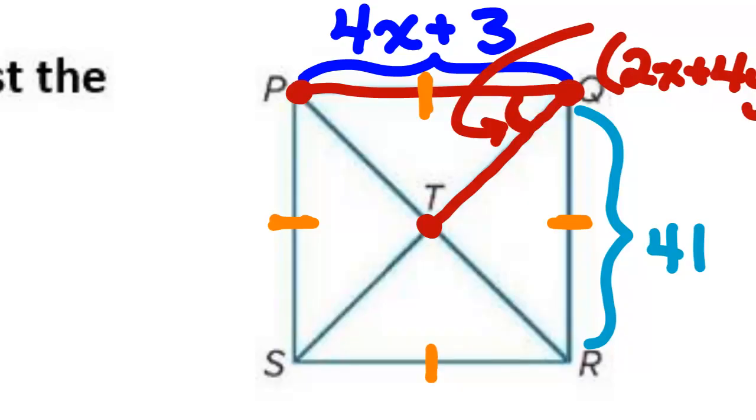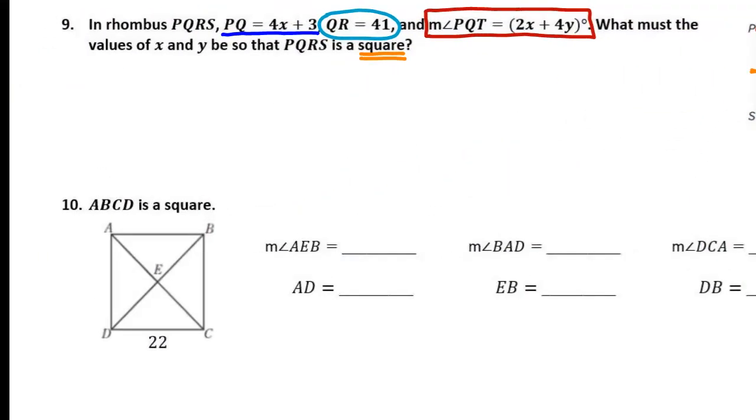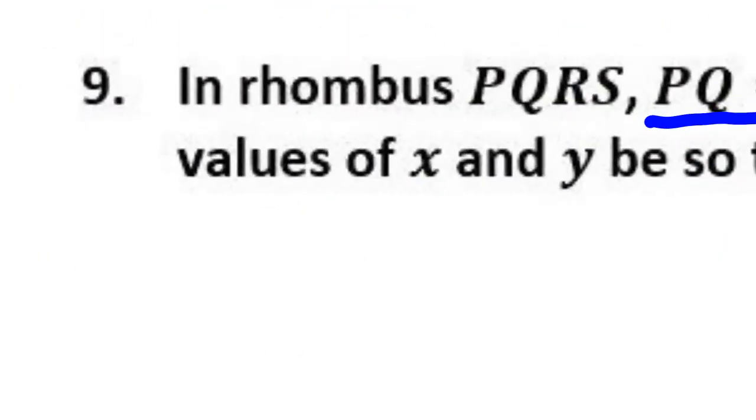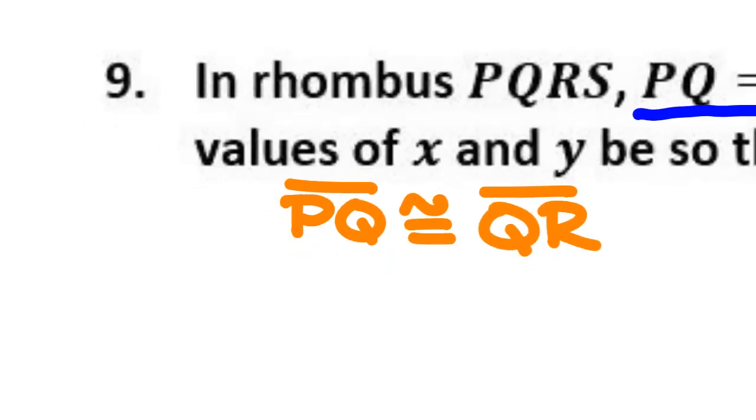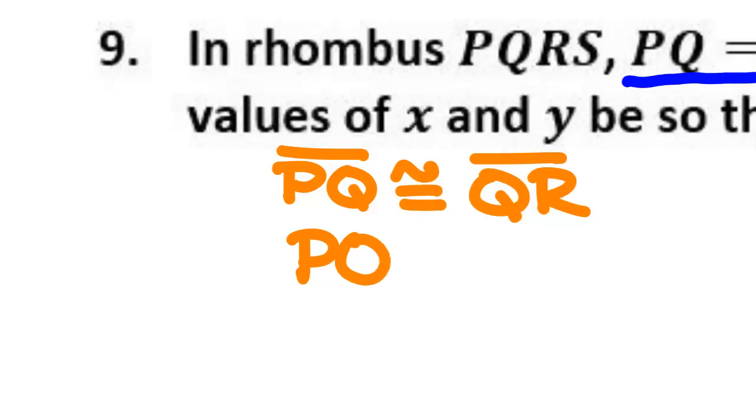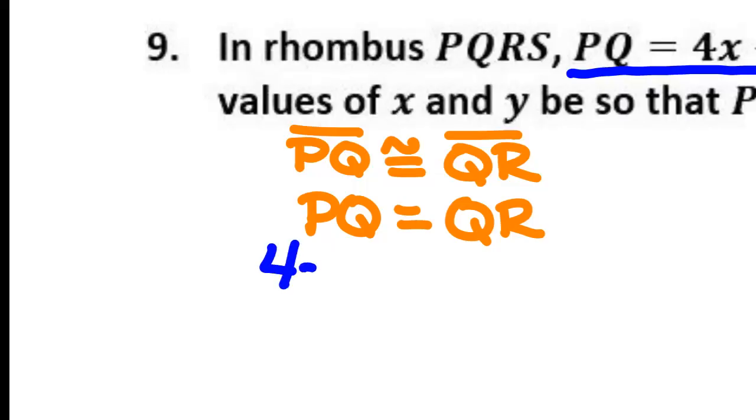So what could I do to find x then? Absolutely. We're going to take PQ, it is congruent to QR. So the length of PQ is equal to the length of QR. You guys are absolutely correct. We're going to take 4x plus 3, and set that equal to 41.